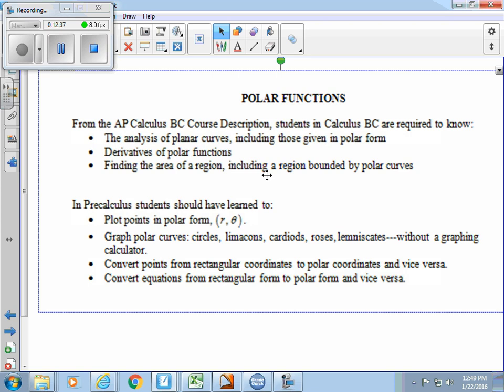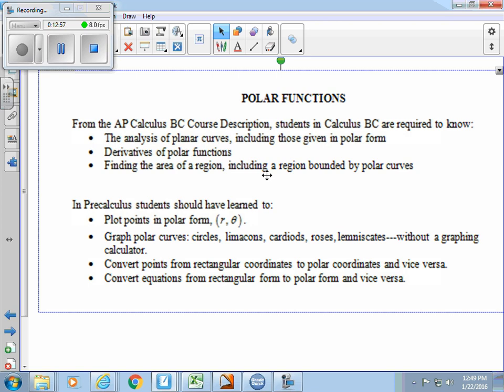What you needed to come in with is a knowledge of polar coordinates, r theta, being able to graph polar curves without a calculator if it's a must. Now I will tell you, I've looked at several AP problems. It is a big time rarity for them to make you graph completely by hand.